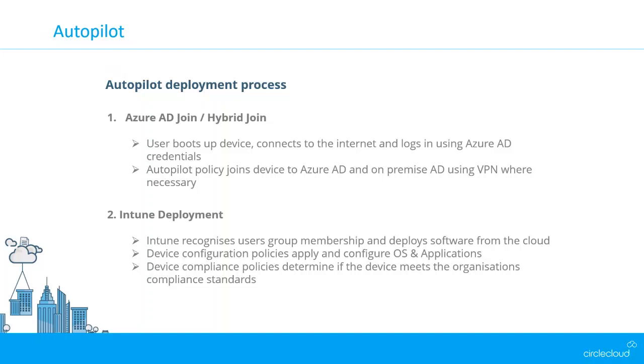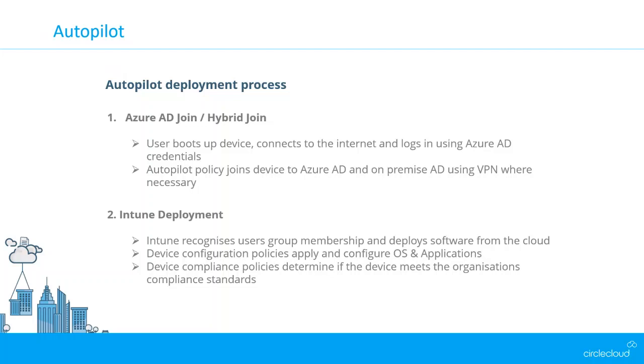They would log in, Autopilot would recognize that this device is scoped with the Autopilot policy, and it would join the device to Azure AD. And also, if you are using a supported VPN in your organization, it can also create the device in your on-premise AD and do a hybrid join, all from the net when the device isn't on the network.